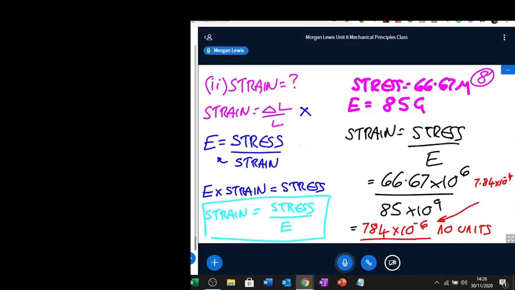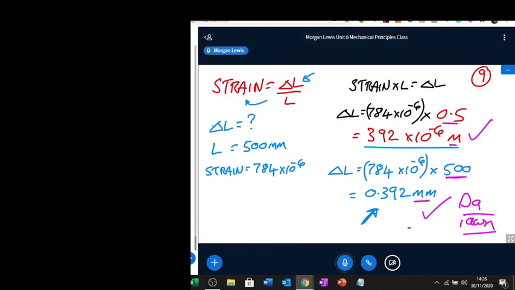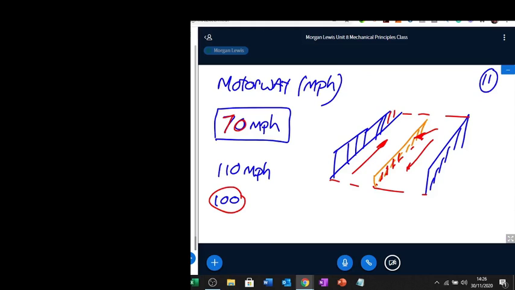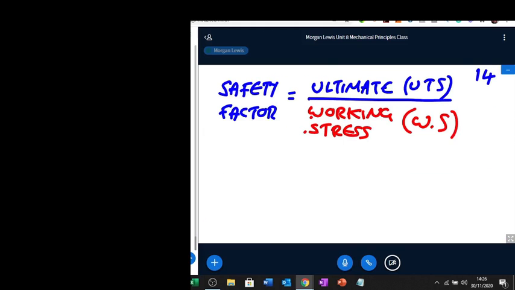Now hopefully that stress is nowhere near the breaking point. The UTS is a material property that we know is going to break at that point. If you get anywhere near the UTS, it's going to break.